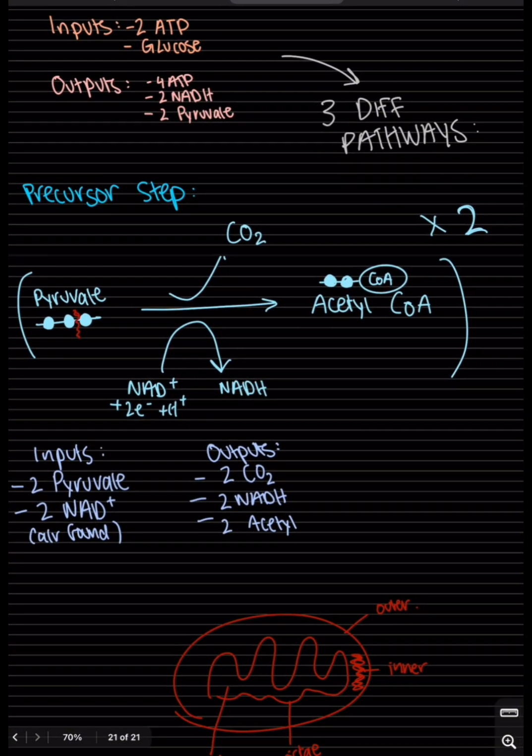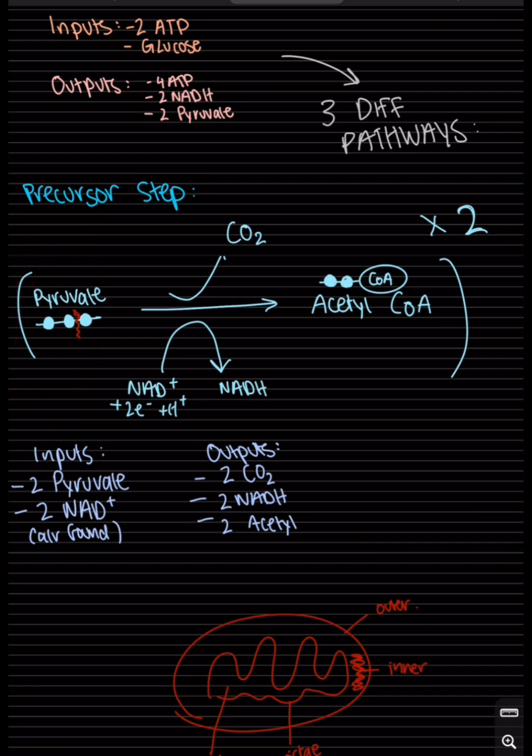And what's happening is that we have NAD pluses that are found in there. And when this pyruvate gets broken down, it transfers the electrons to NAD plus, and it makes NADH. And this is called oxidation because remember OIL RIG? So OIL, the O, oxidation, is losing electrons.